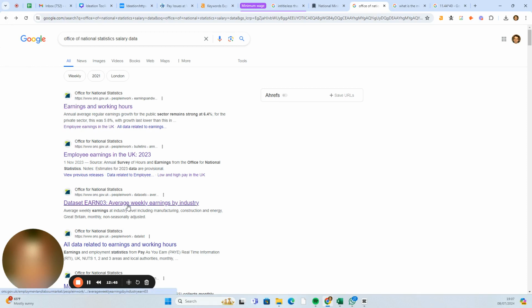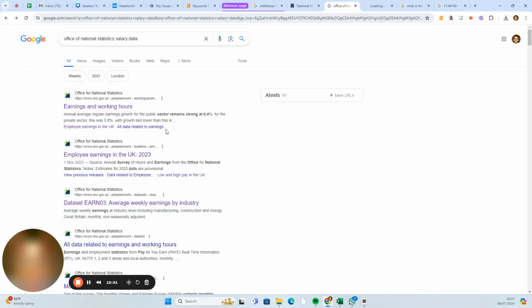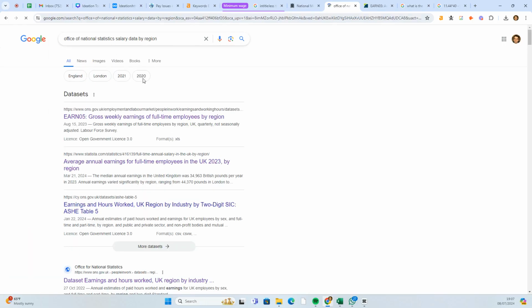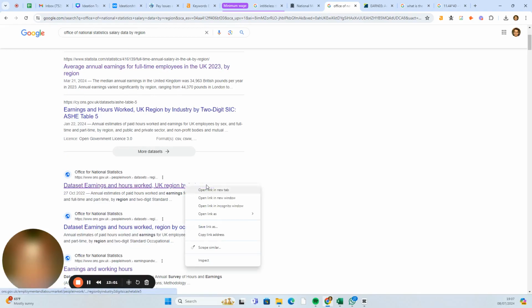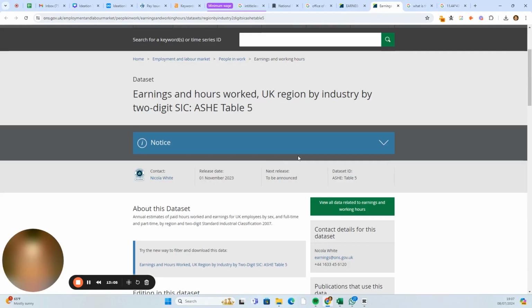So you've got by industry, which we can do. And then we've also got, let's see if we can do by region. Data set of earnings and hours worked by region and industry.